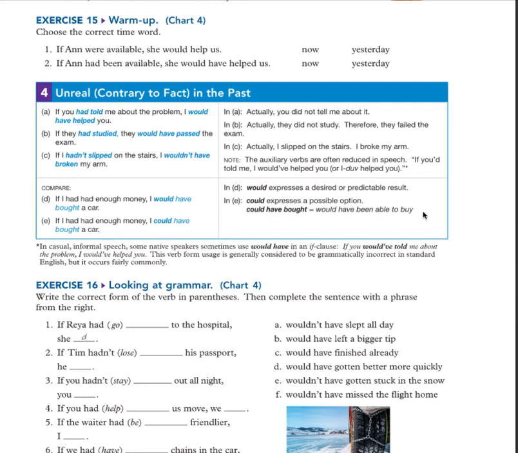So would and could can be used in the result clause, except that with would, you're only thinking of one option or one result. With could, you're thinking of more than one option. I could have bought a car, I could have bought a motorcycle, I could have bought a house, I could have bought a package vacation to Asia. Okay?